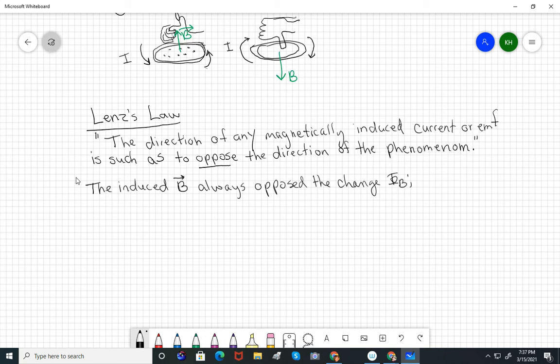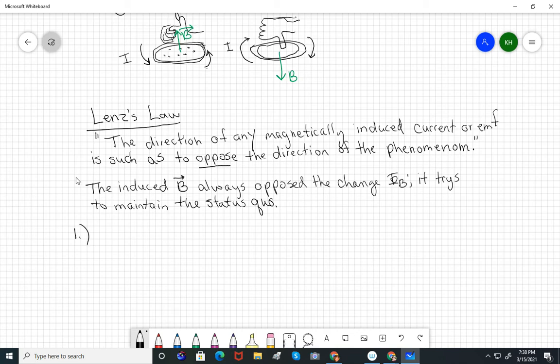Another way of thinking about it is it tries to maintain the status quo. I don't think that's going to mean a lot to you either until you really see me work some examples. So let's look at the different possible cases.